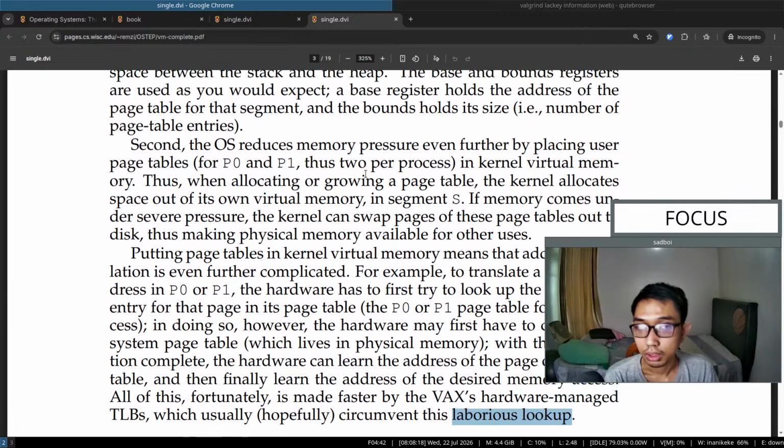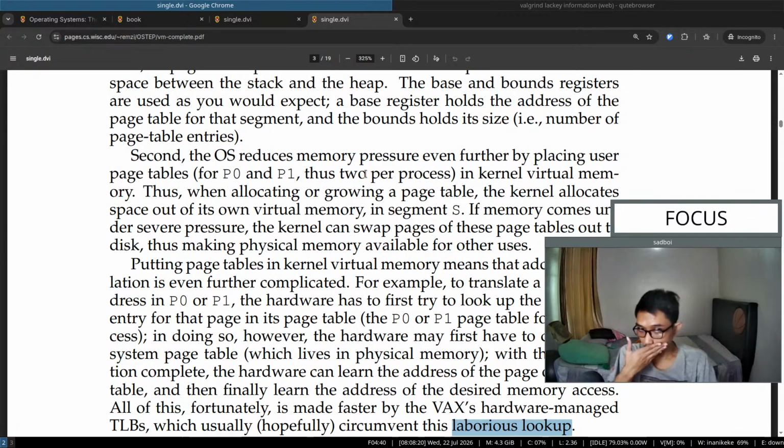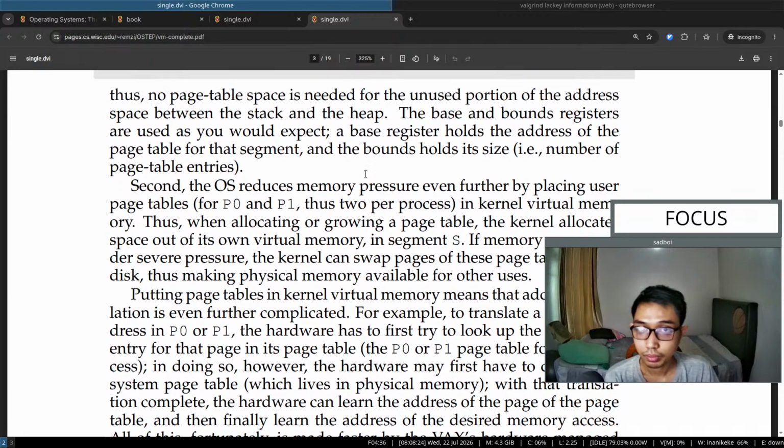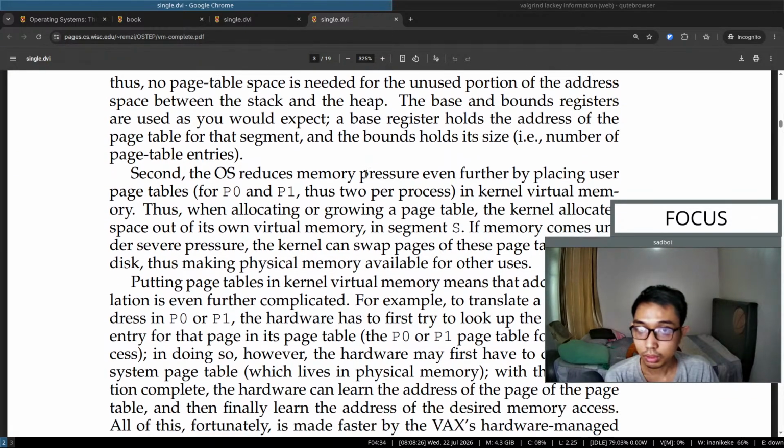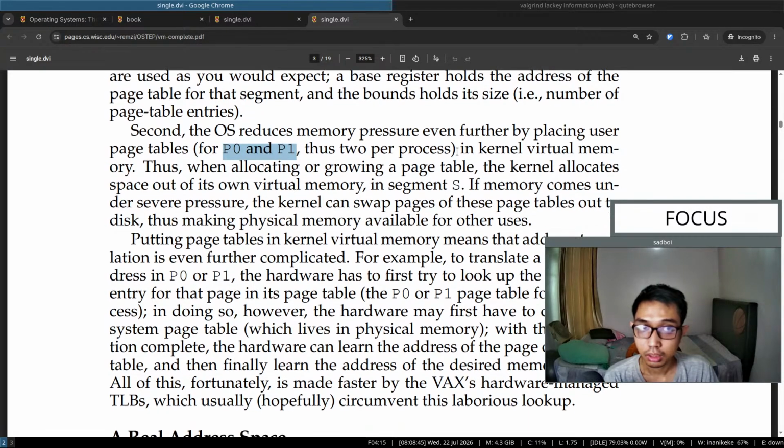Oh, interesting. The operating system reduces memory pressure even further by placing the user page table, or the process space I guess, the P0 and P1, in kernel virtual memory.